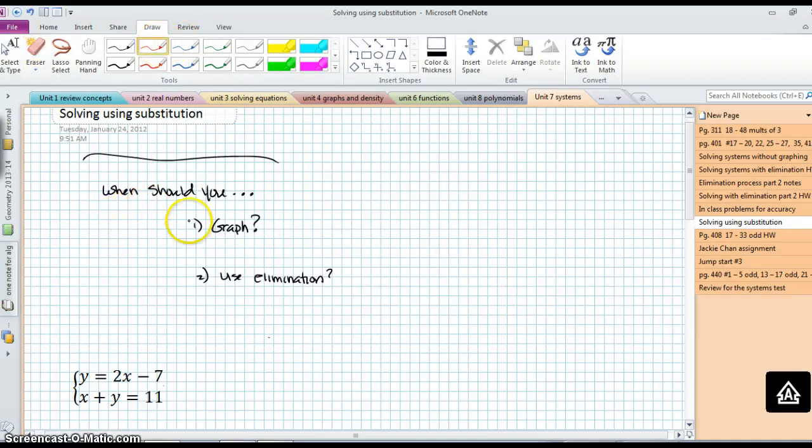So first off, when should you graph? We've learned two different ways of solving systems, and one of them is by graphing, and the other one is using elimination. So let's try to figure out when is the best time to use which one. When to graph, I think probably the best time to graph is when both equations are in slope-intercept form.